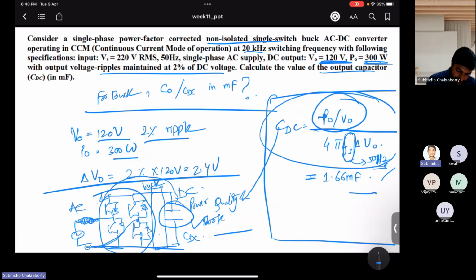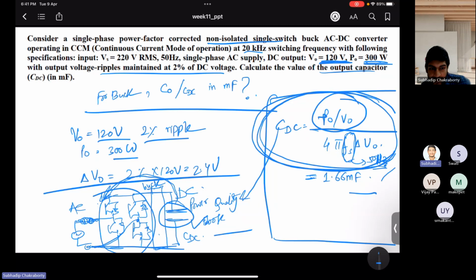So either way, you can either use a buck or the capacitor value can be increased to provide, because the inverter, if you see from DC to AC, is providing a bucking action already. So if you need another stage of buck, you can use that also to regulate the voltage across the loads. But you can use this formula to calculate. This formula is sufficient to calculate the output capacitor value for the buck.